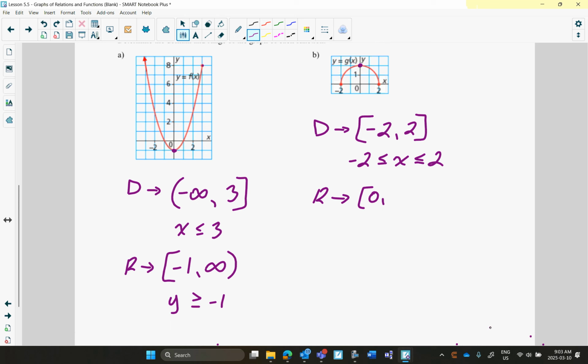And that y coordinate is 2. And how would I write that using set notation? I've got two numbers. What do I put in the middle? y. And then two less than or equal to symbols with the arrows pointing left. Okay.